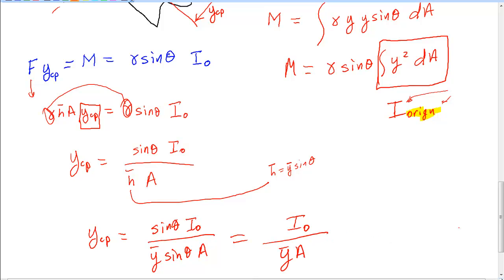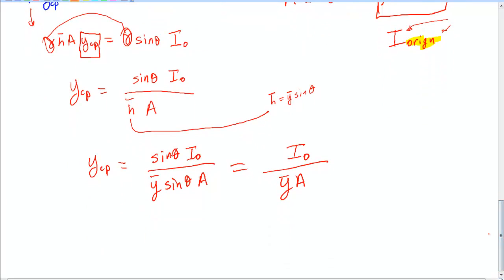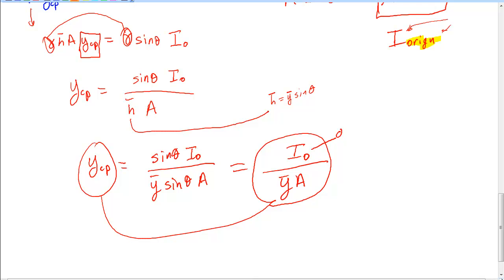So the location, now I'm not done yet, but the location here of the center of pressure is related to the second moment of the area about, or related to, the origin.